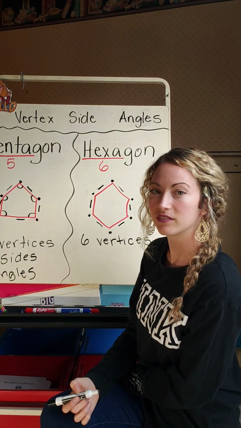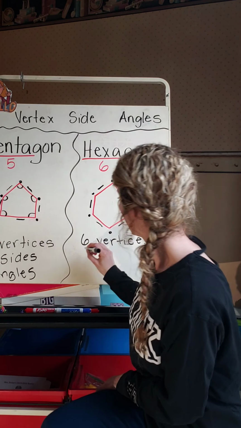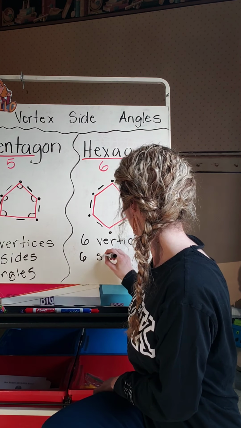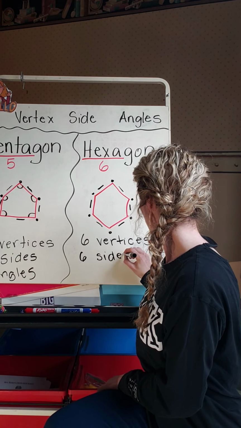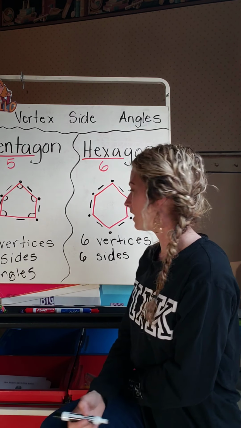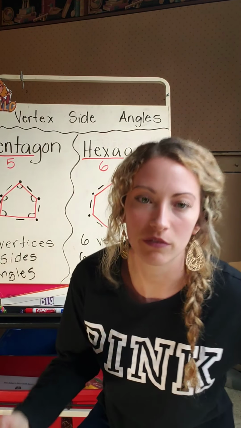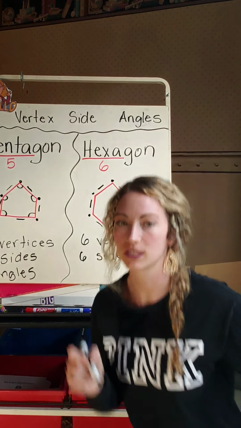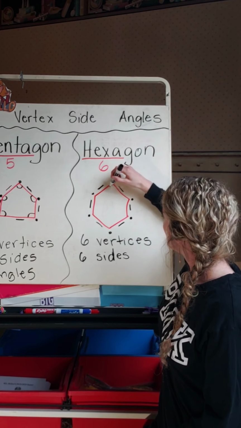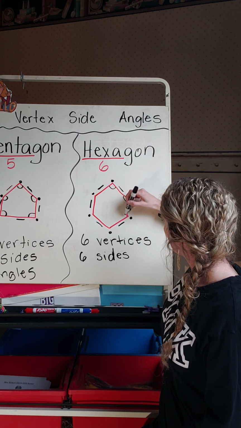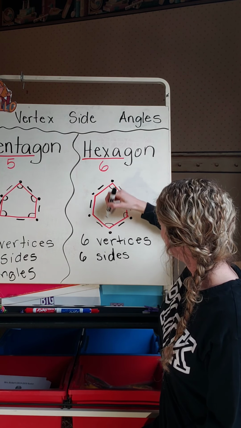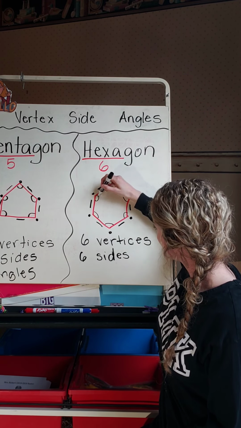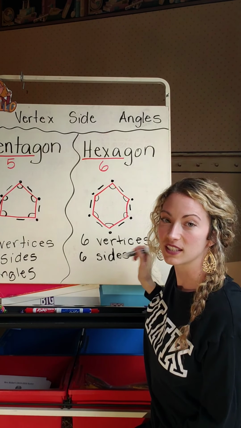How many do we have? 6. And then the last one is the angles. Remember, we find angles inside our shapes. So 6 angles.